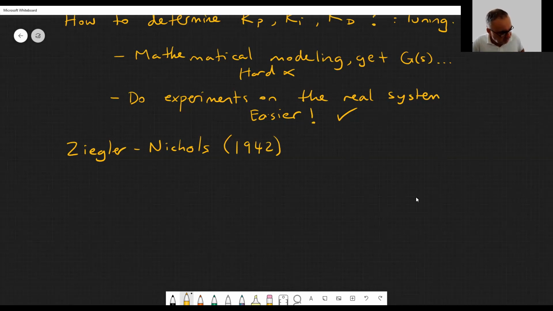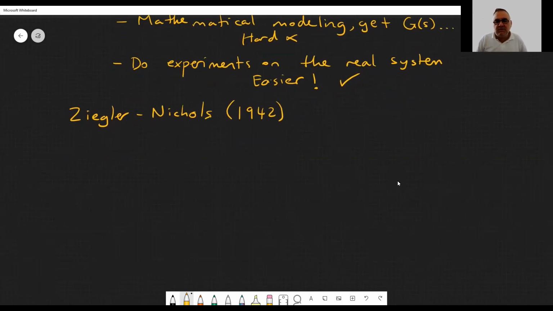They decided to obtain the parameters of the PID control system. We will also do this on our DC motor control experiment in 320.